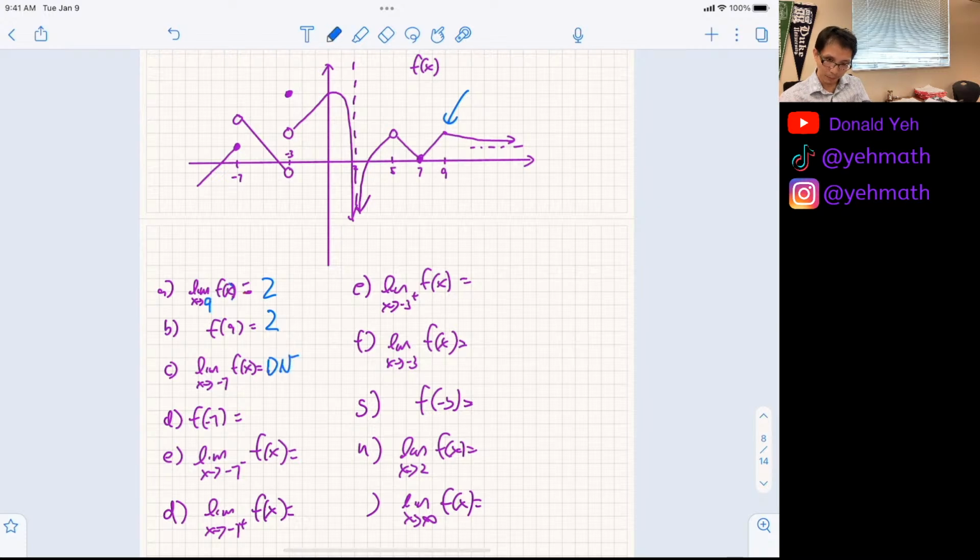Good. Next one. What happened to f of -7? Tony, f of -7 is what? Nicholas, f of negative 7 is what? It's going to be the easiest part of the test. You have to get it right.